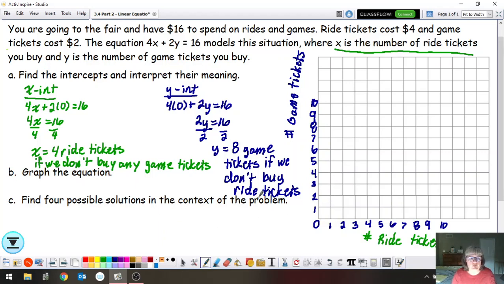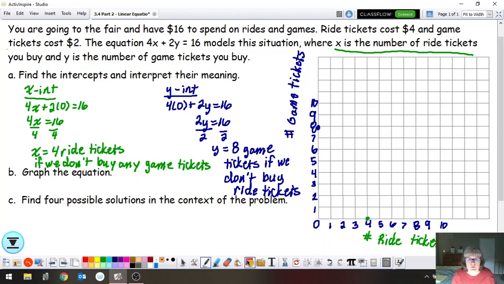Graph the equation. Our x-intercept was at 4 when we don't have any game tickets, and our y-intercept was at 8 when we didn't have any ride tickets.